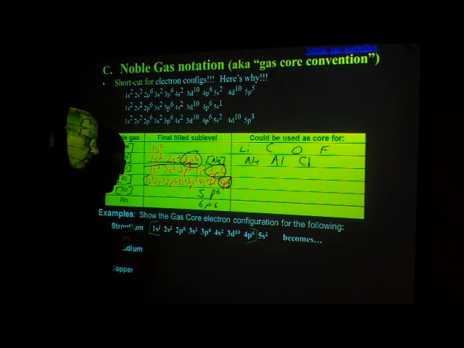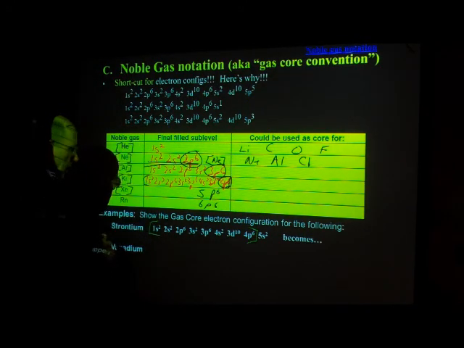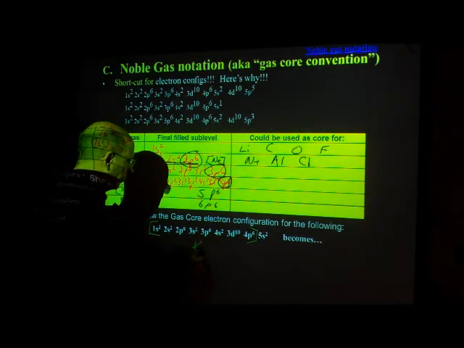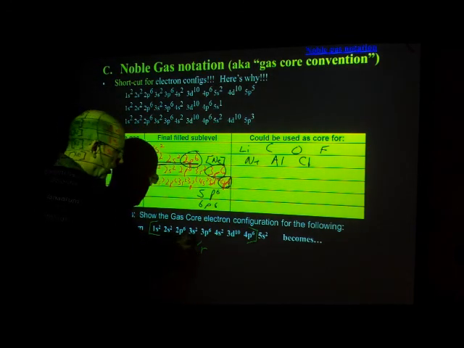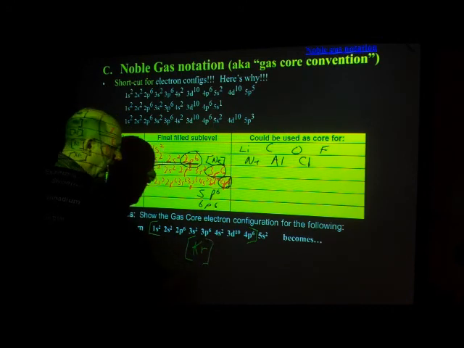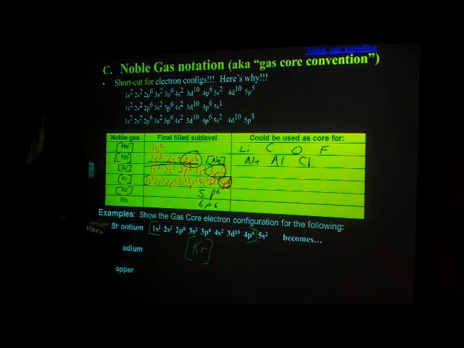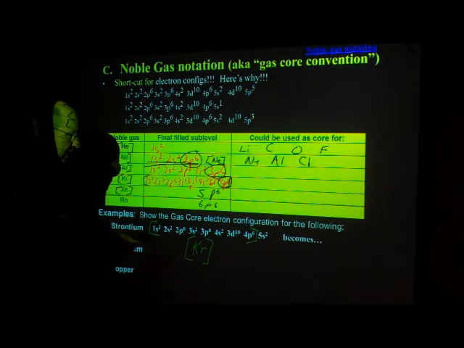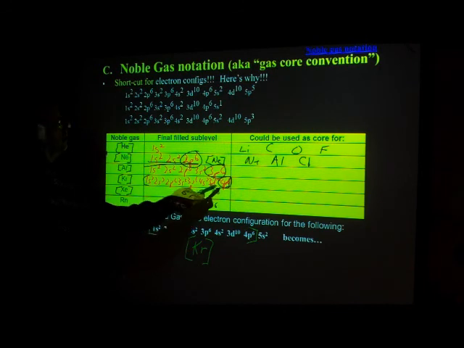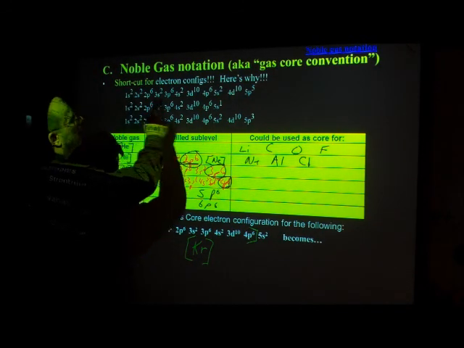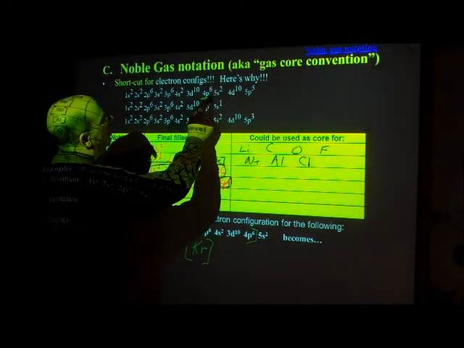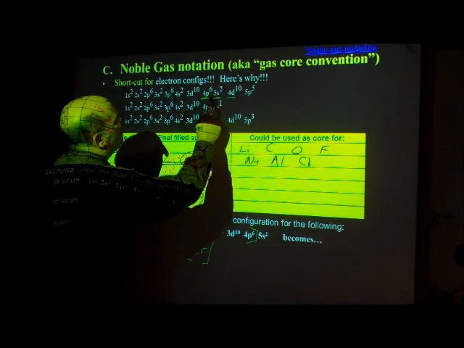If we just write down Kr in brackets, because that's krypton, then strontium is 2 bigger than krypton. Krypton is 36, and strontium is 38. Look back at your arrow diagram, or at the beginning of your packet, and it'll say what comes after 4p6. Now I'm just going to cheat and look up here. After 4p6 comes 5s.